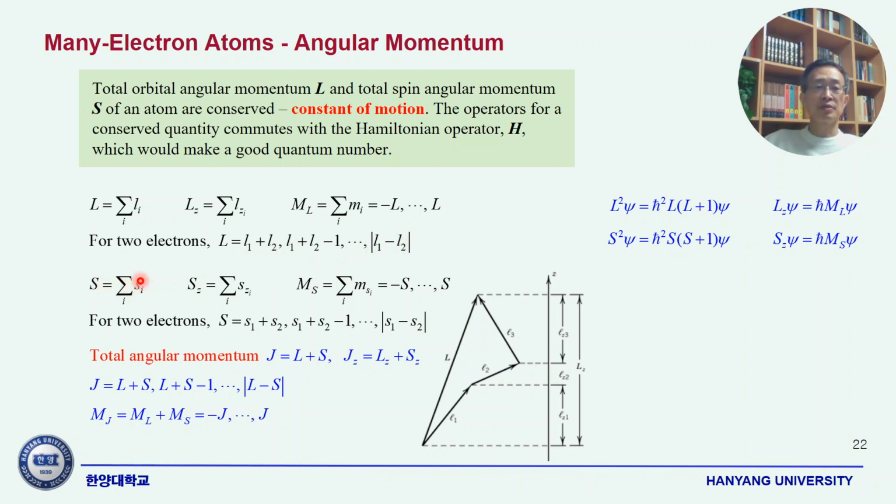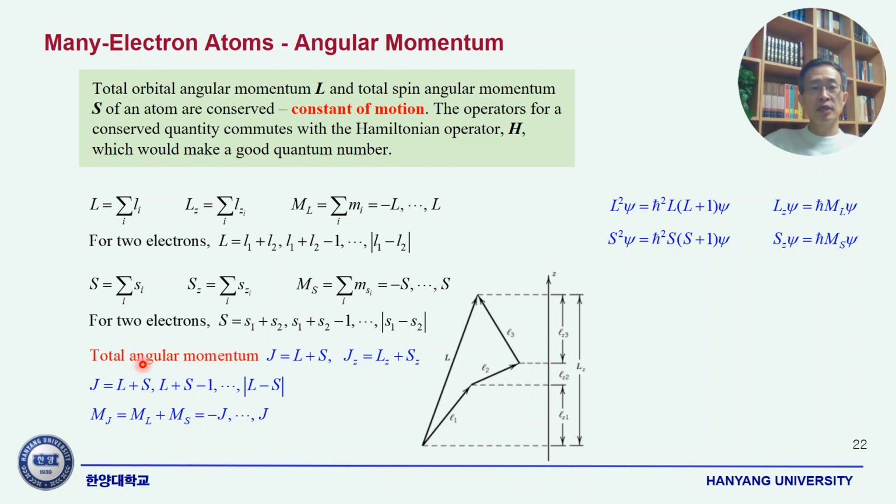And the S operator is the sum of the s_i, and Sz is the sum of the sz_i, of course. Then MS runs from minus S to plus S. For two electrons, s1 and s2 are both 1/2, so S equals 1 or s1 minus s2 equals 0, so only two numbers, 1 and 0.